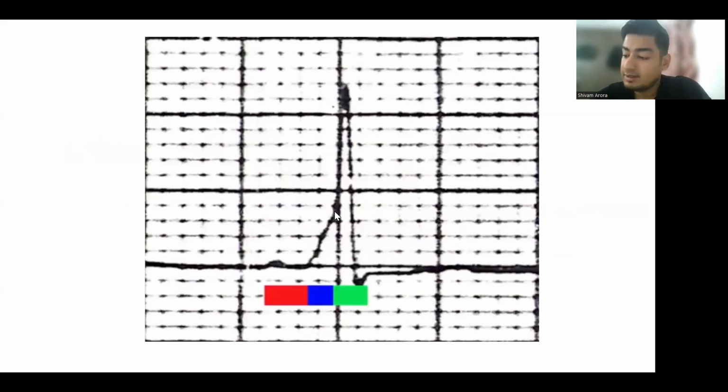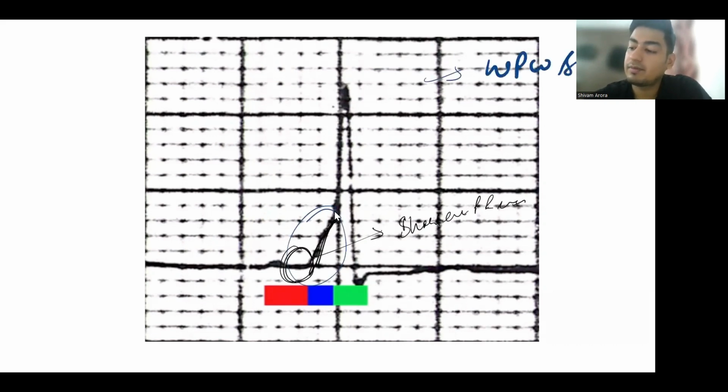Now this is an ECG showing shortened PR interval along with this delta wave. So this is an ECG of WPW syndrome. In WPW syndrome, we have an accessory pathway connecting the atria to the ventricles and bypassing the AV node.